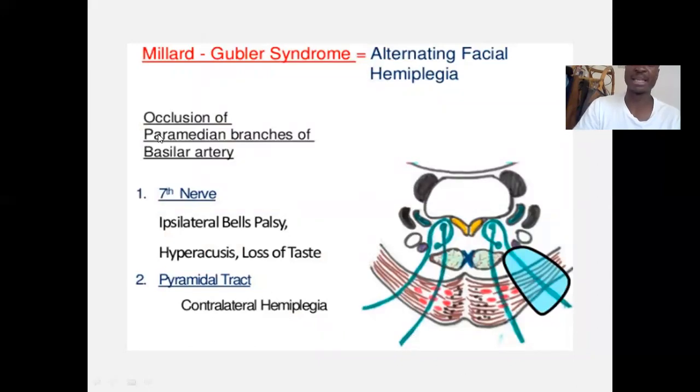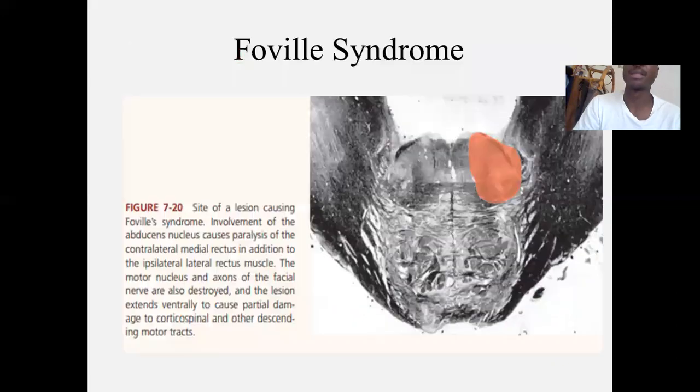These are occlusions of the paramedian branches of the basilar artery. Because remember, the basilar artery is the artery that will mainly supply the pons as it travels in that basilar sulcus. Right. Then you have what is known as Foville syndrome. Foville syndrome will include both the facial nerve and the abducens nerve, and you're also going to have contralateral hemiplegia.